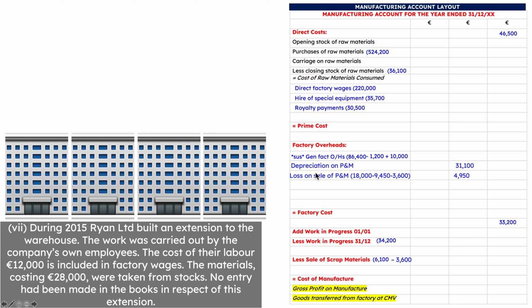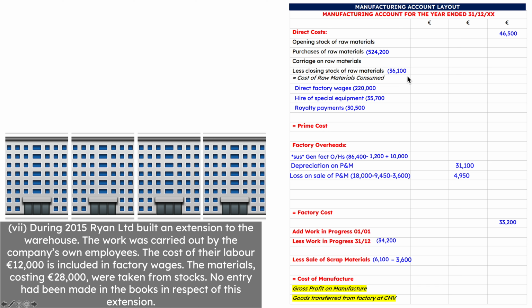What this manufacturing account is doing is calculating how much it cost to make the goods that the business sells. That's what the cost of manufacture is. Say they were manufacturing 100,000 units of something. The cost of manufacture is going to tell us how much it costs to make 100,000 units of something, okay? But included in these figures, these costs, is actually the cost to make the extension.